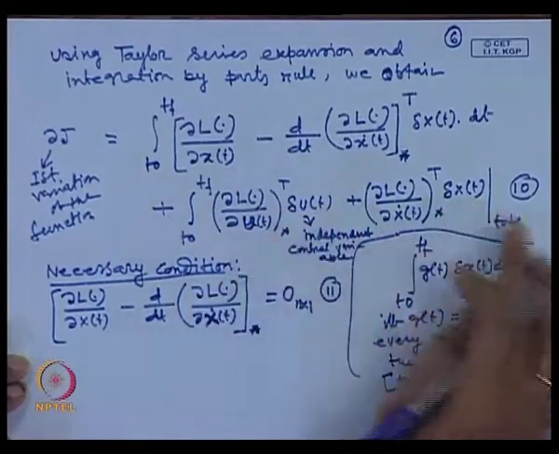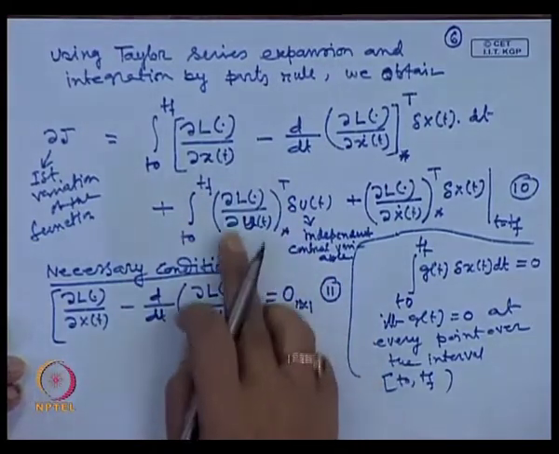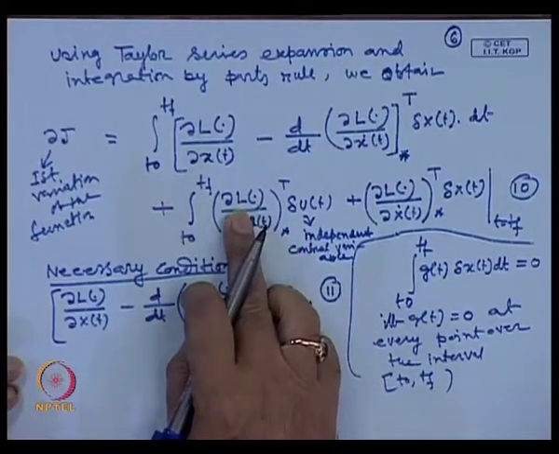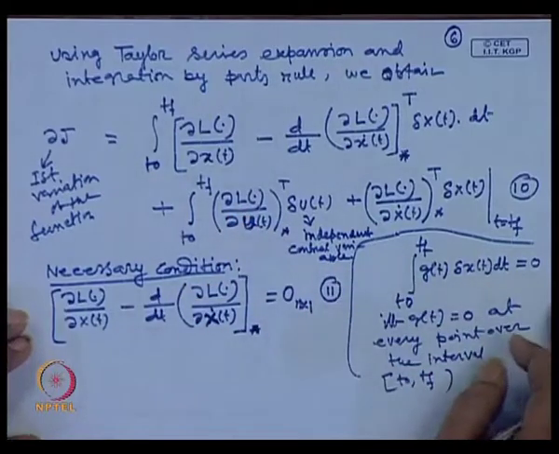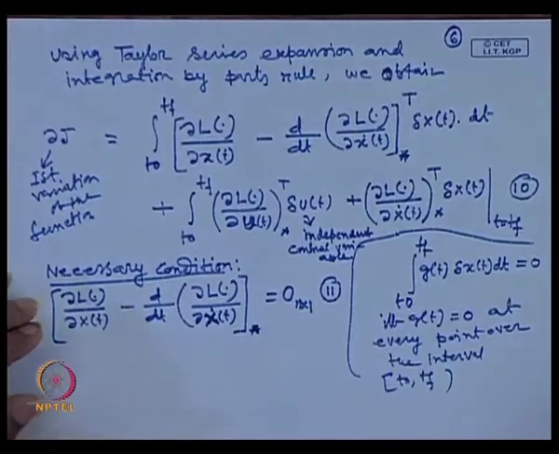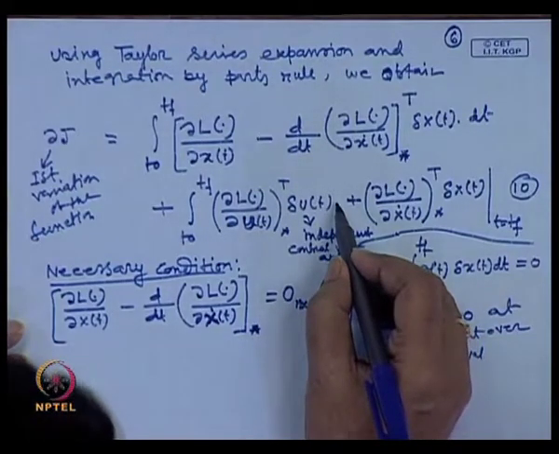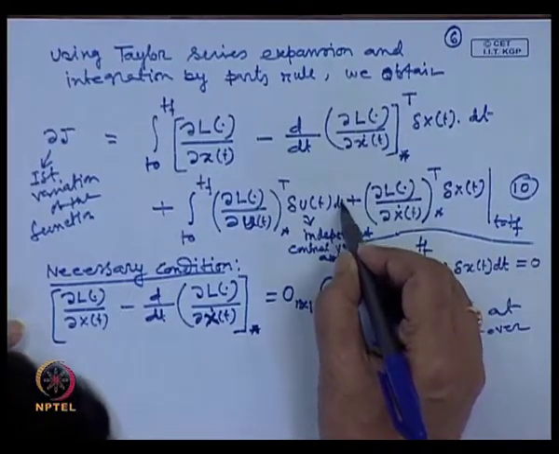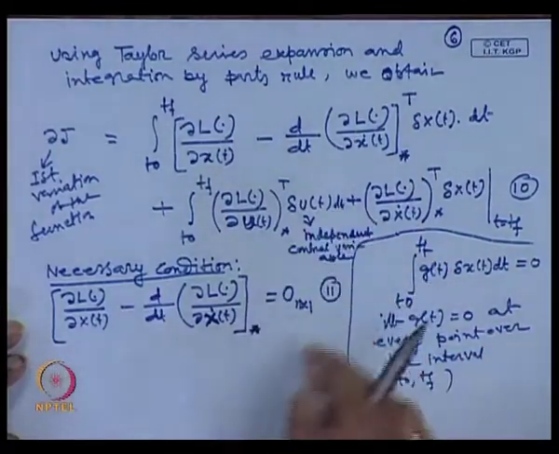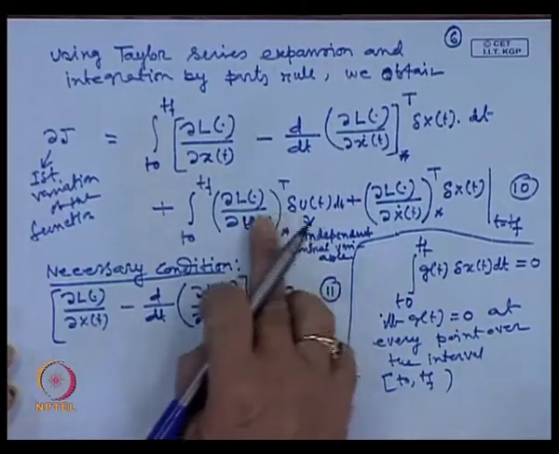So, this must be equal to 0 in order to make that so. Agree, the dt is there here. If you see the last equation, there is a dt here. So, this will be equal to 0.